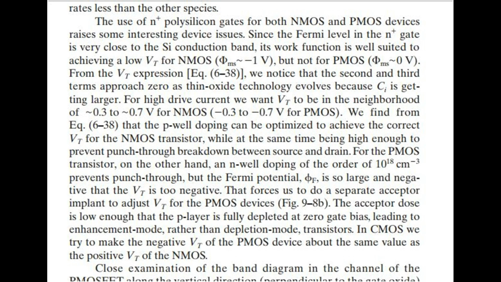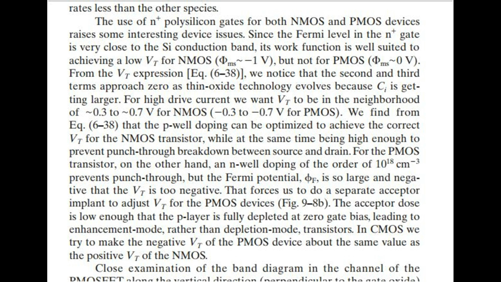The use of N+ polysilicon gates for both NMOS and PMOS devices raises some interesting device issues. Since the Fermi level in the N+ gate is very close to the silicon conduction band, its work function is well suited to achieving a low threshold voltage for NMOS, phi_MS ≈ -1 V, but not for PMOS, phi_MS ≈ 0 volts.